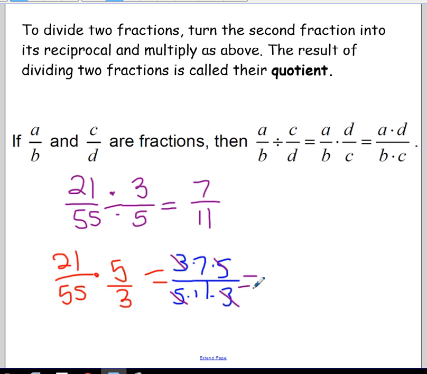And so what we have left is only the 7 on the top and only the 11 on the bottom. So notice we get the same answer. Again, you're not going to be able to divide straight across like we did in this example, but it shows you how when we flip and multiply, it does work. It does give you the answer, and that's why we have to take the reciprocal of the second fraction and flip it.